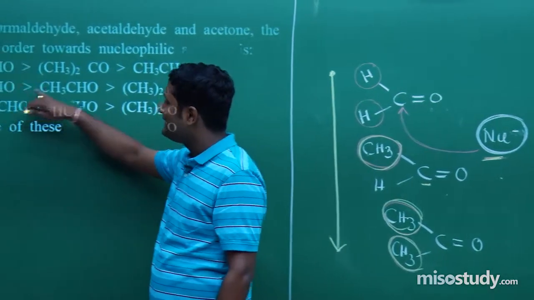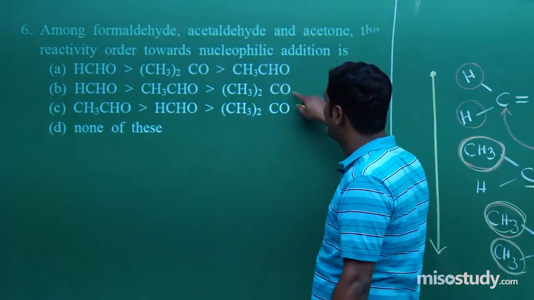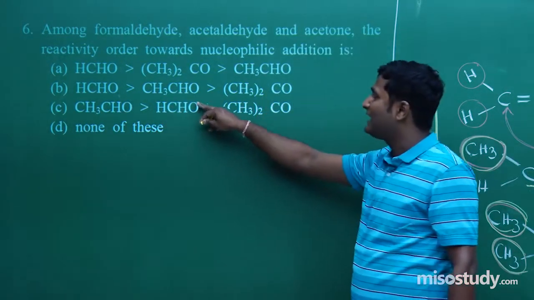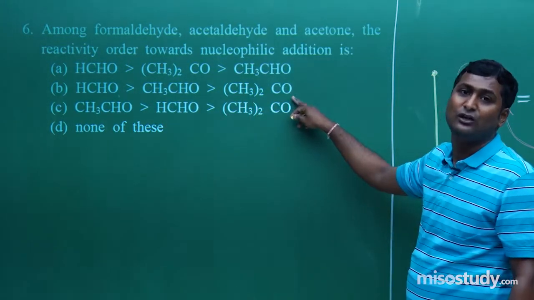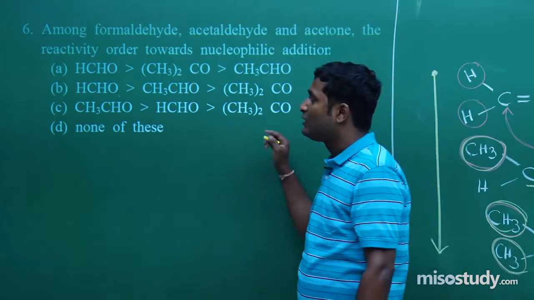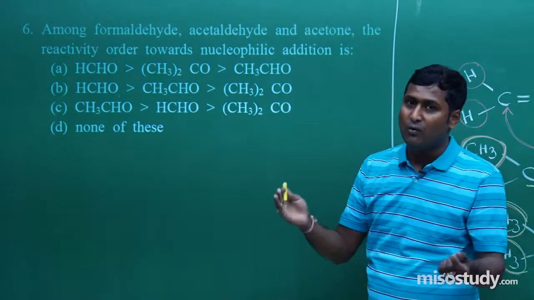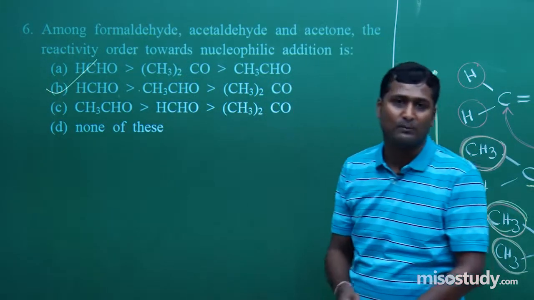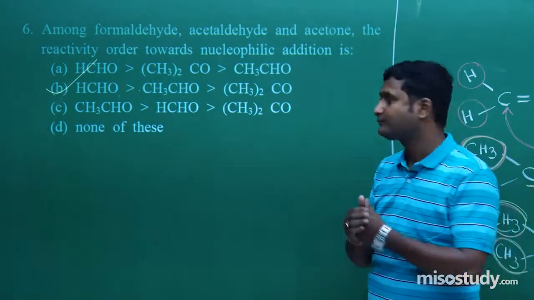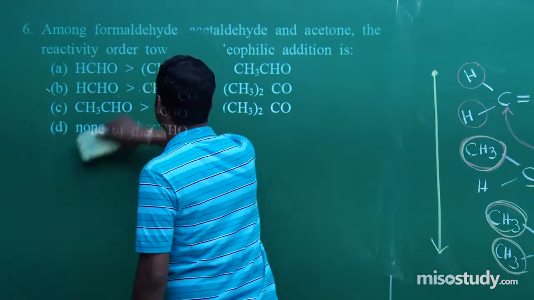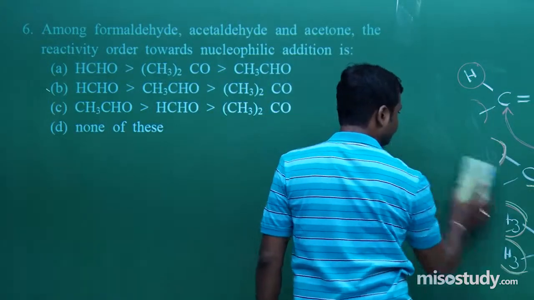HCHO, CH3CHO, that is formaldehyde, acetaldehyde and acetone. This is the correct order of reactivity. So for question number 6, B is the correct option. Is it clear, friend? Now I am going to erase this part and we'll discuss the next one.